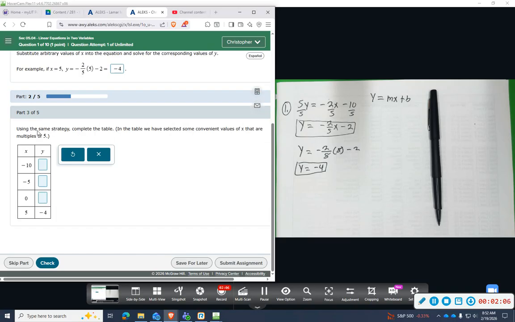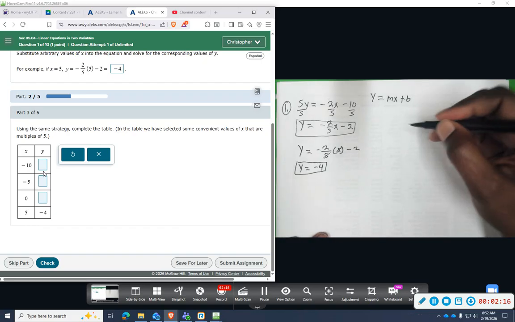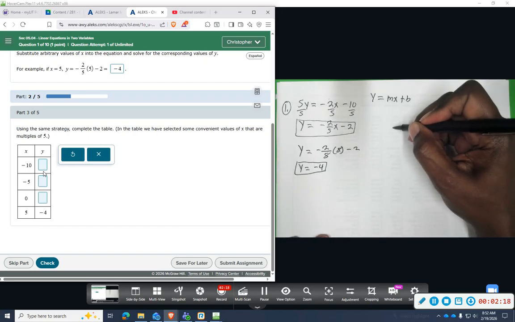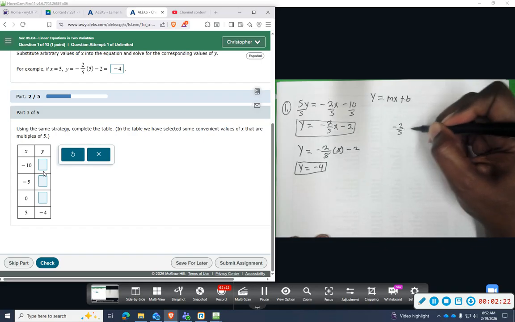Alright, so part 3 wants us to do the same strategy. We're just going to make a table of points. So sometimes if you make a table, you can just do it all at once. So we can say negative 2 over 5, and then we'll be plugging in x minus 2.